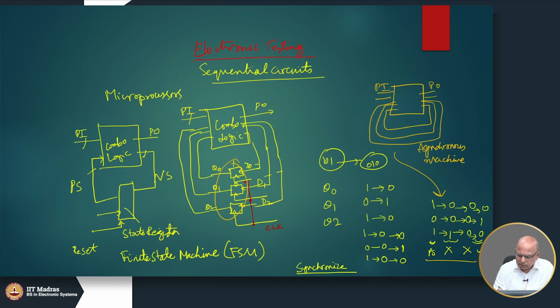The clock is a synchronizing signal. When the clock goes from 0 to 1, that is when all the D's are transferred to Q's. So, D 0 will get copied to Q 0, D 1 will get copied to Q 1 and D 2 will get copied to Q 2. That is what a synchronous sequential circuit is.